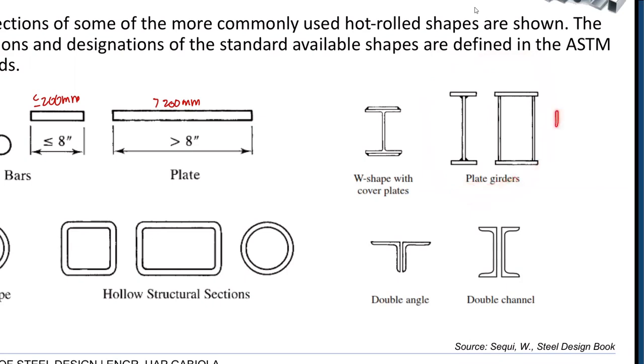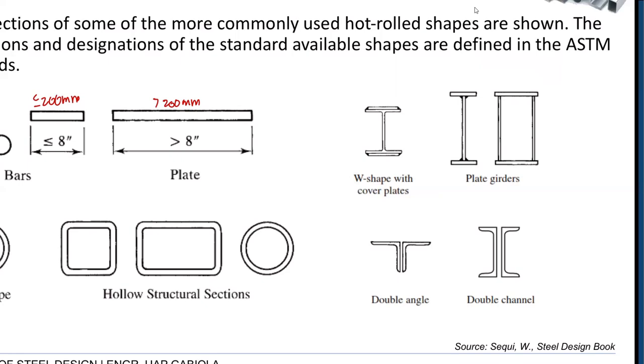Okay, so saan natin usually nakikita to? Usually the application is sa mga steel beams na ginagamit for bridges. Okay, especially if it will be used as the main stringer element, or the steel beam supporting the slab or nung carriageway natin for bridges.